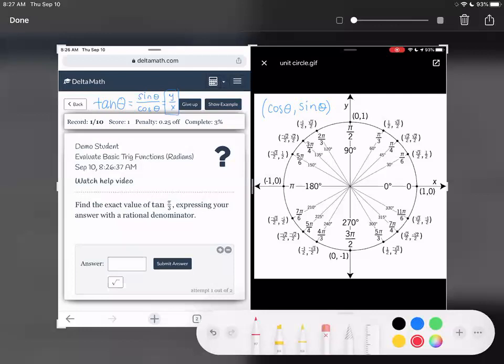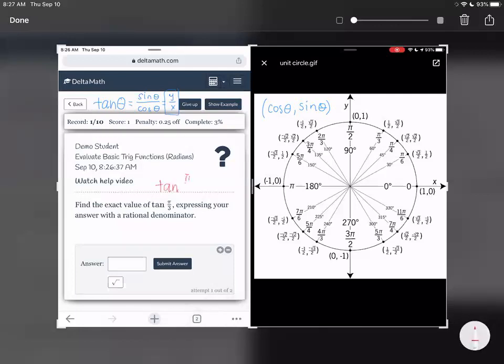So we're looking for a tangent of pi over 3. So let's look for the pi over 3 angle. Normally I'd have somebody point at it, but you guys can't point on my computer. So here's the pi over 3 angle. Notice the dot, that coordinate is 1/2 comma root 3 over 2.